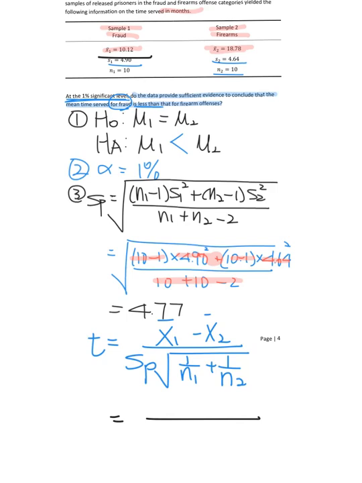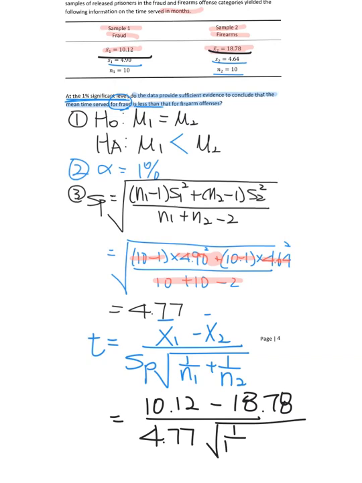Sample mean number 1, 10.12. Sample mean number 2, 18.78. We took SP 4.77, 1 over 10 plus 1 over 10.